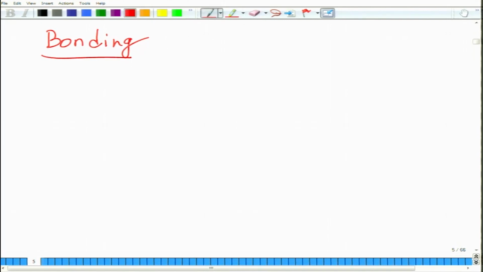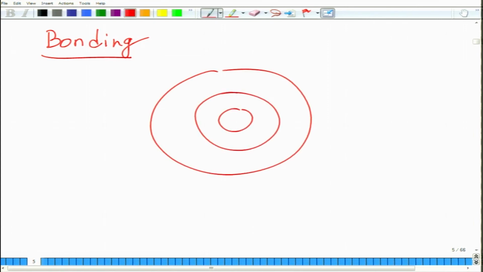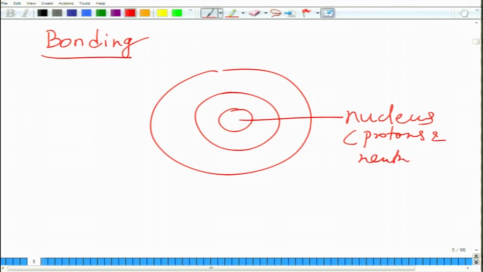So, we know that you have atomic structure. Depending upon the atomic number, you can have a nucleus, and this nucleus has protons and neutrons, and surrounding this you have various electrons.